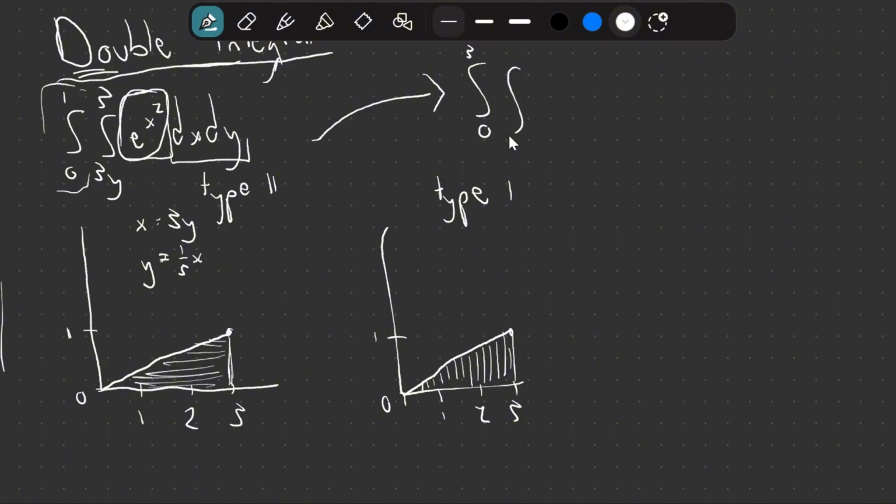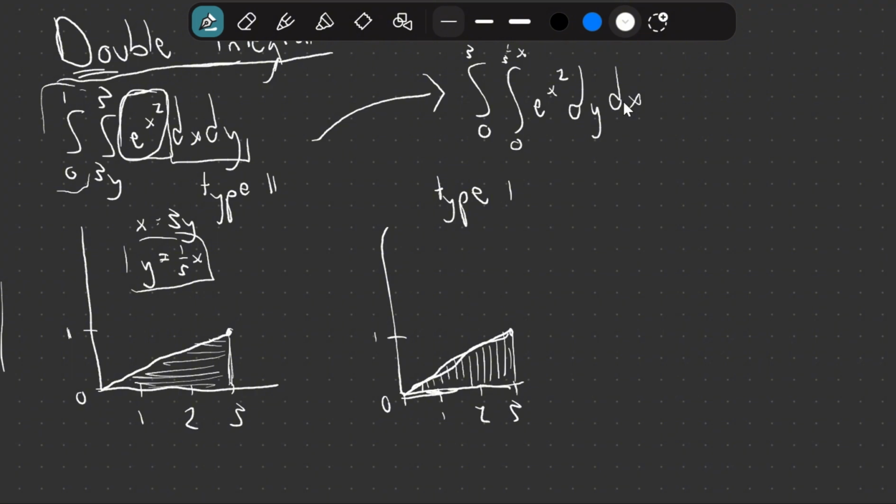And for the y-axis, the maximum is along this slope and the minimum is at 0. And we already found the equation in terms of x. So it is from 0 to 1/3 x. And then we're going to put the base equation. Now it is in terms of dy dx because it's type 1.